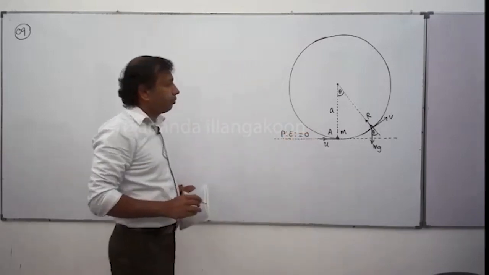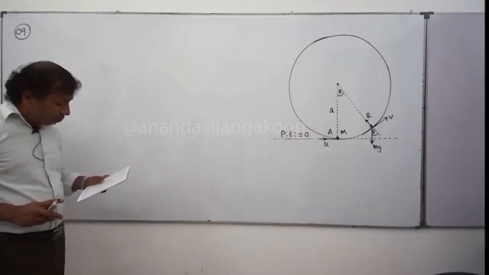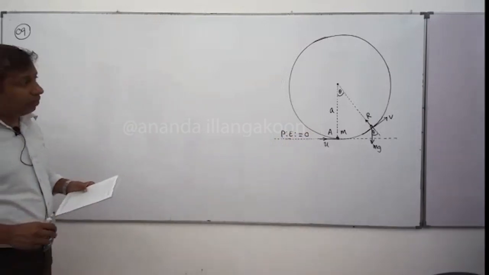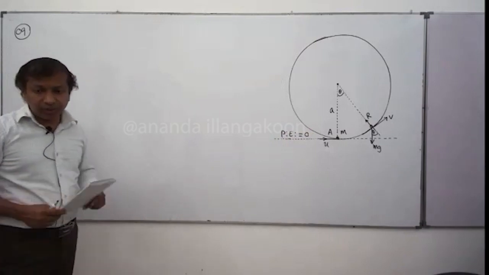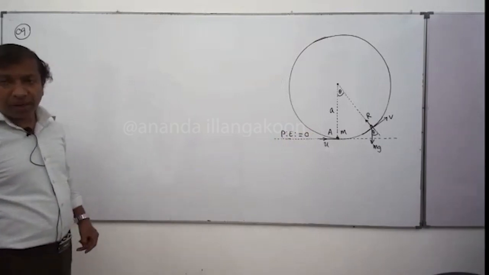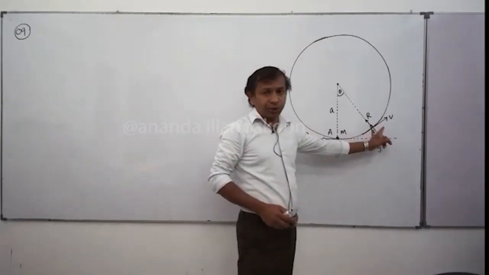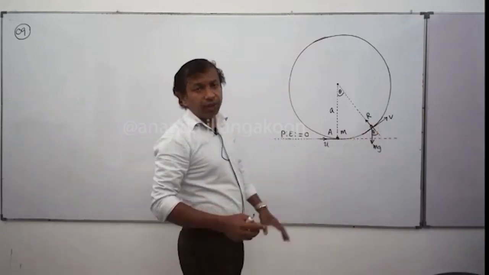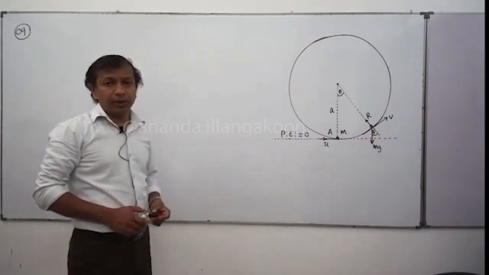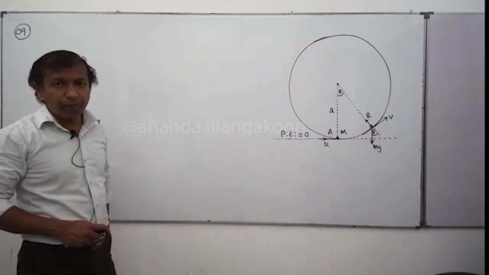Now, what is the way to get this answer? Again, we apply conservation of mechanical energy by considering this position and this position of the particle. We equate the total mechanical energies of the particle. Then the first answer you can obtain.